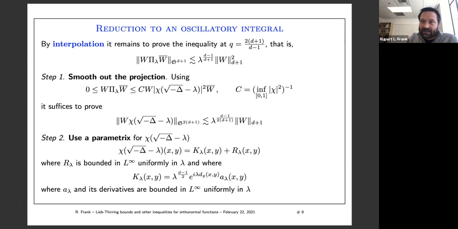There's a single point Q, and if you work all the powers out, what you have to do is compute a Schatten norm of our operator W pi W, and bound this by a certain power of lambda times the L d plus 1 norm of this function W that acts here as multiplication from the left and multiplication from the right.